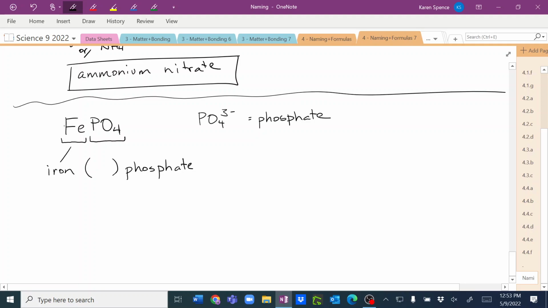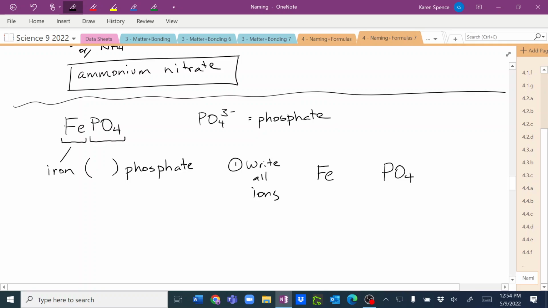In order to find the Roman numerals, first thing you have to do is write out all the ions. How many irons do we have? We have 1. How many phosphates do we have? We have 1. Don't be confused, and this is so easy to do, into thinking that you have 4 phosphates.